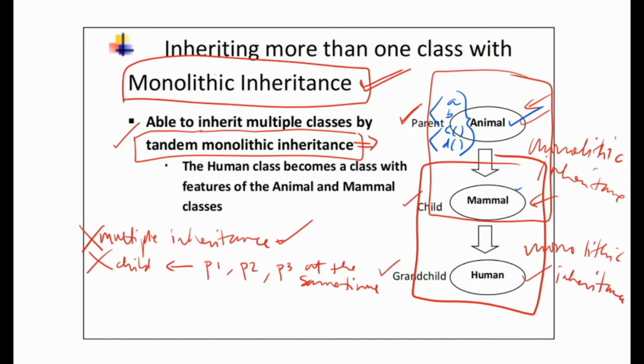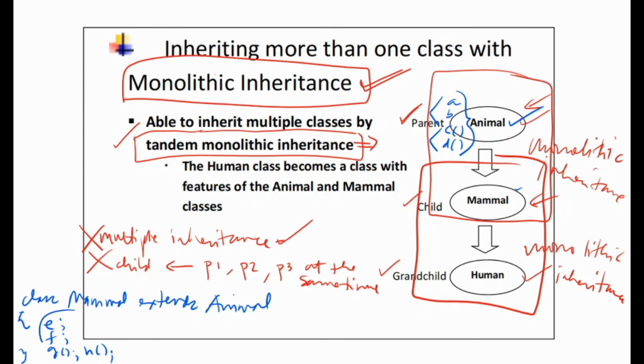So we define mammal this way: class mammal extends animal. And say for example, mammal has proprietary features such as fields E, F, method G, and method H. Okay, so these are the unique features of mammal.